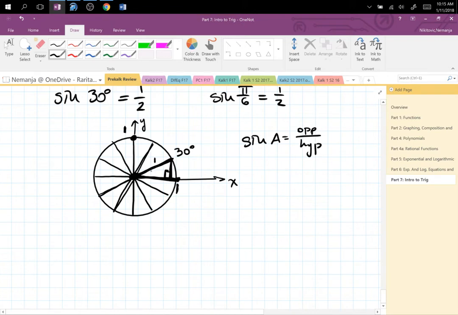So the longest side, the hypotenuse, is actually the side where the 30 degrees is, which is 1. That's the hypotenuse, so we plug in 1 for the hypotenuse. And then this side, when you read its value on the y-axis, is 1/2. It turns out that the sine of 30 degrees is 1/2 divided by 1, which is 1/2.